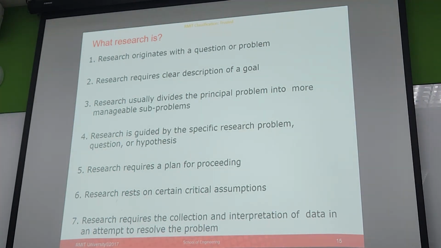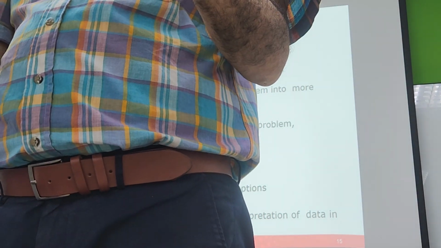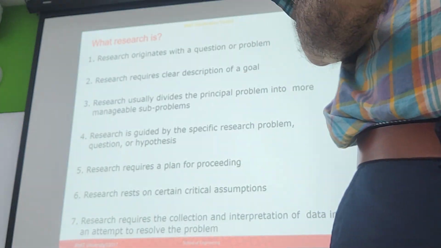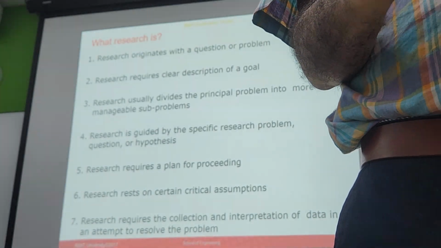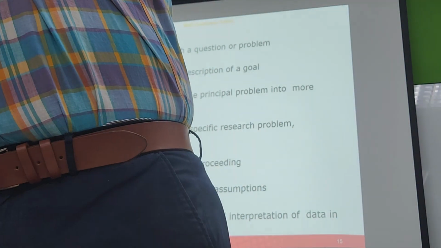So the difference between data and information is that data goes into the box, we process it in the box, and we get information. So which one do we need? Information.